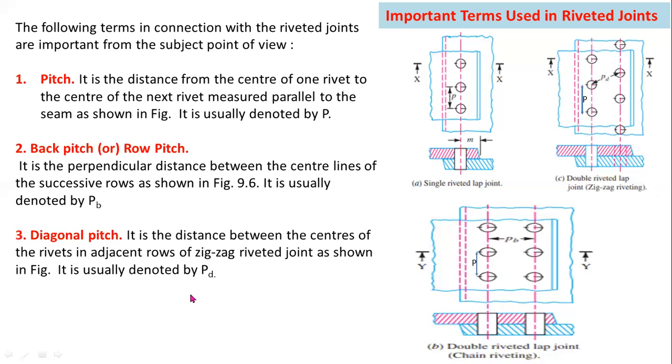It is usually denoted by symbol PD. So here you can observe this is a chain riveted joint. Here this one is a zigzag riveted joint. Here the distance between two centers of the rivets is called diagonal pitch.